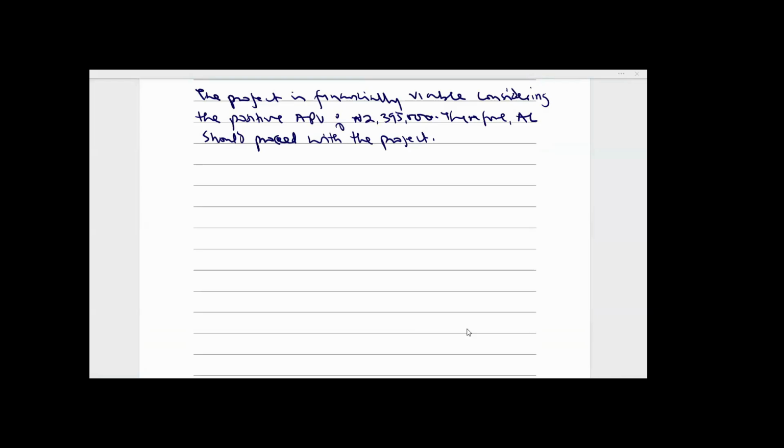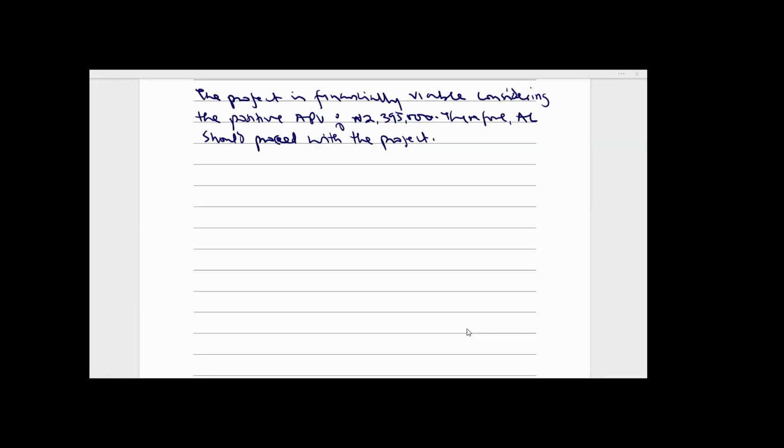In the B part of the question, you have to discuss the appropriateness of the evaluation method used and explain the assumptions made in part A. What do you mean by appropriateness of the method used? You have used APV. The examiner is simply asking you to explain what APV is. When do you use APV? That's all. Then you now state your assumptions.